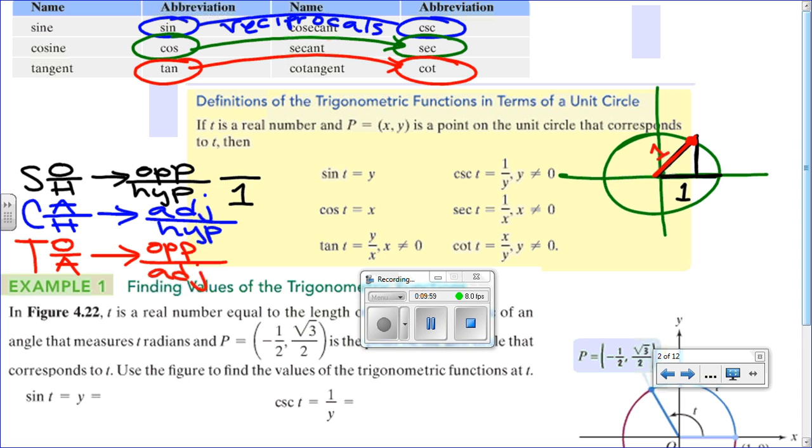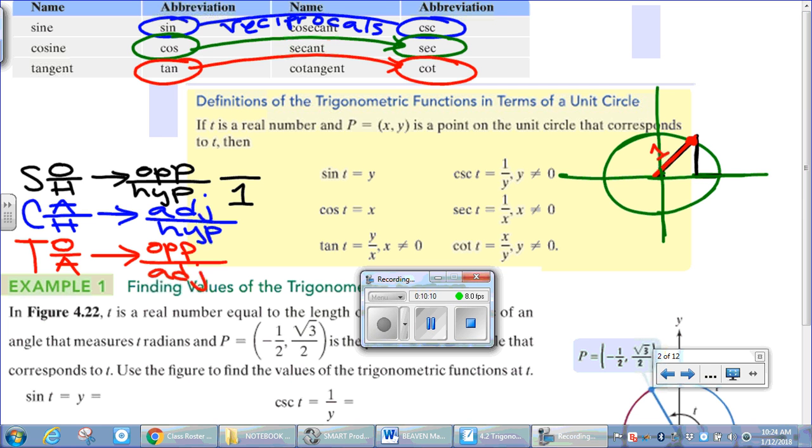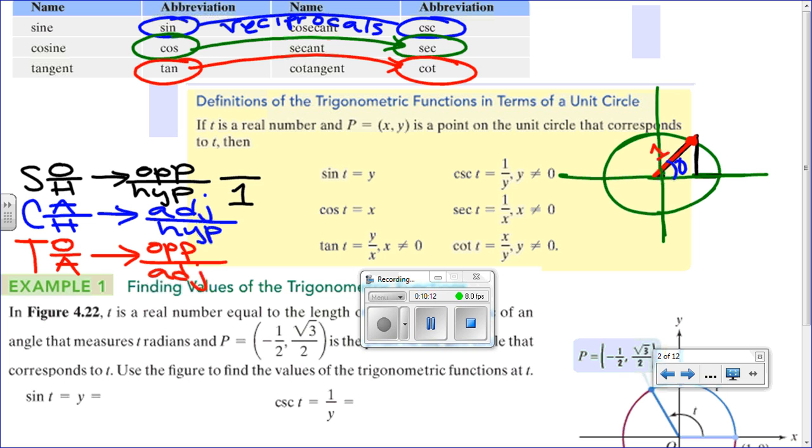Now, if I have an angle here, I'm going to call it theta. And so the opposite side to theta is going to be this side, the vertical line, the one that is right across from it. So this is the opposite side.